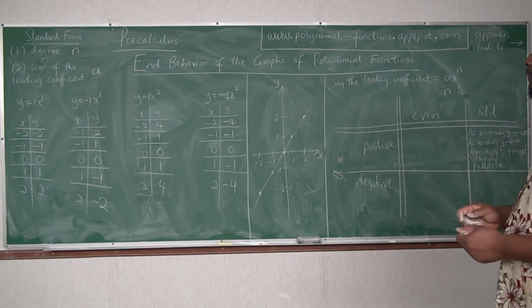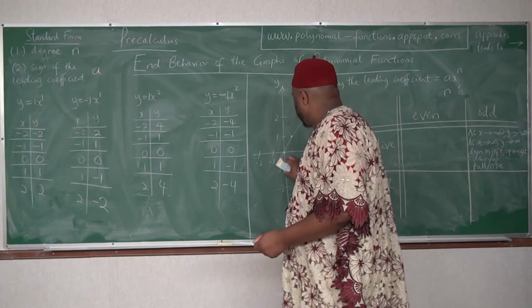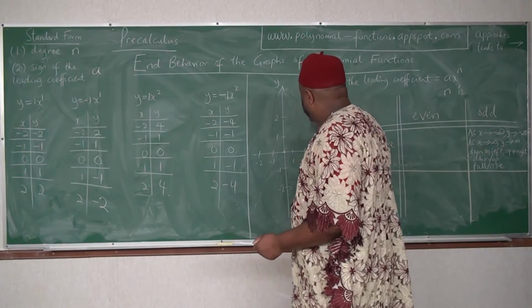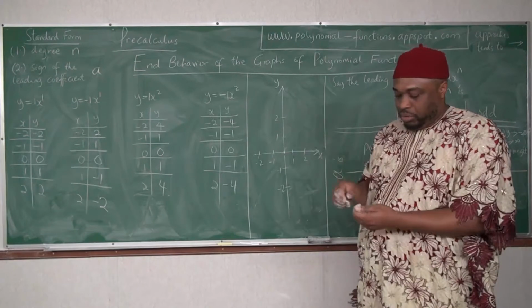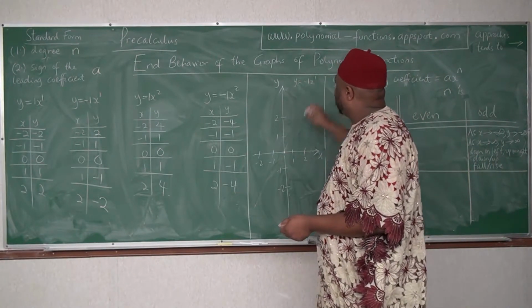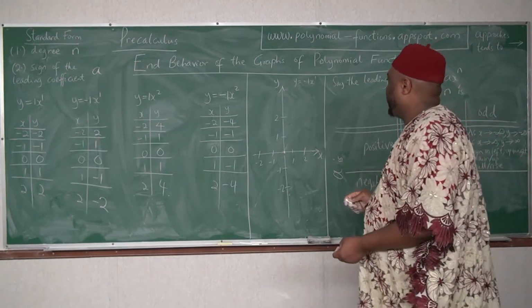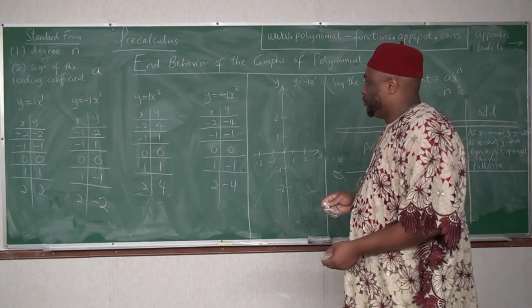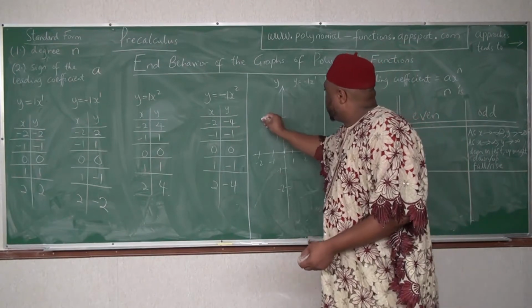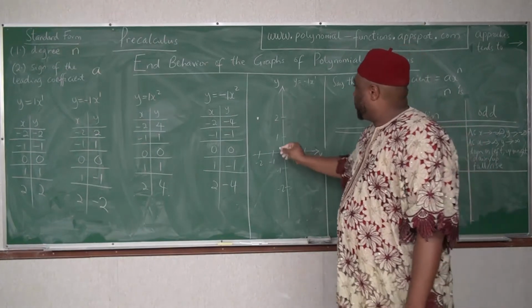Okay. If we do the next one, y equals negative 1x. Of course, that's your negative slope. Okay? When x is negative 2, y is 2. So this is here. When x is negative 1, y is 1.